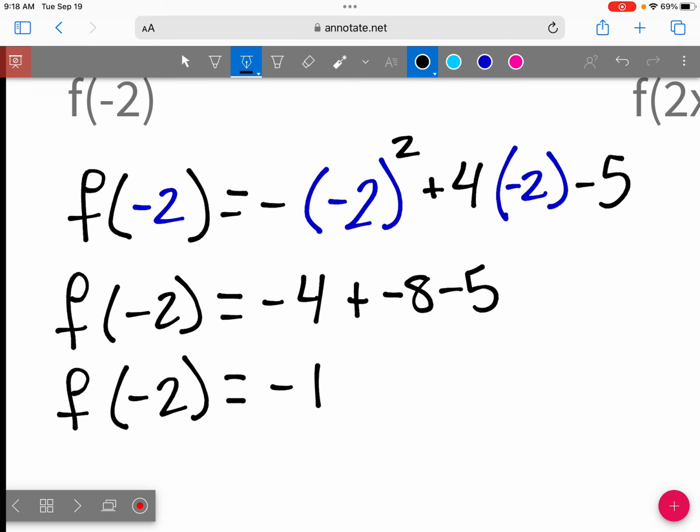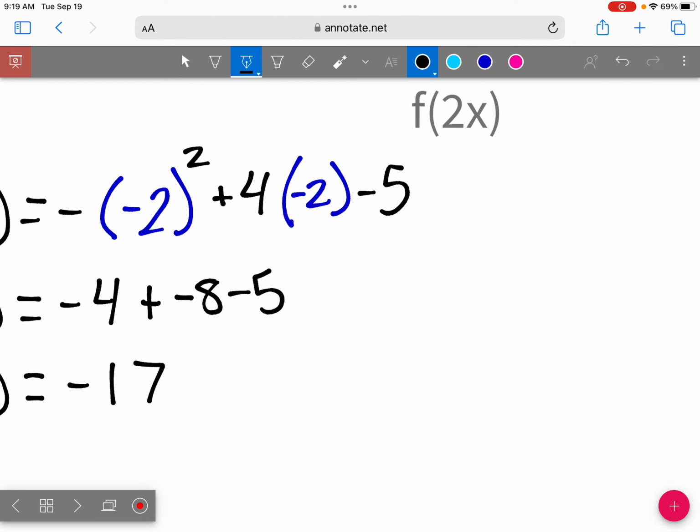Yes, negative 17. So we're not always just going to have numbers to plug in, because where's the challenge in that? Treat it exactly the same. Our input was negative 2, our output was negative 17.